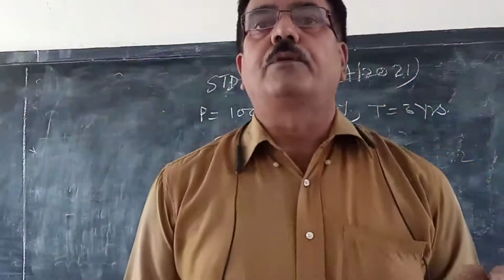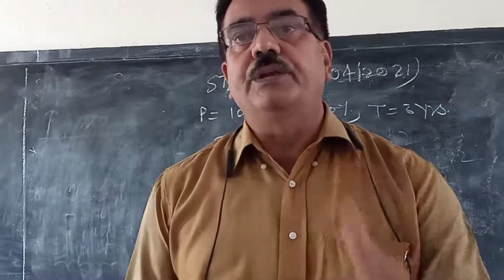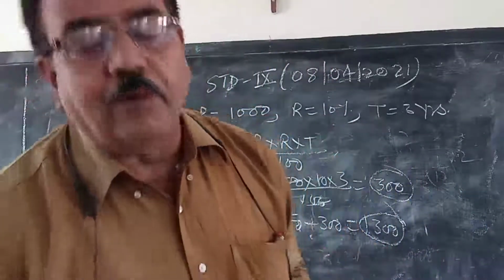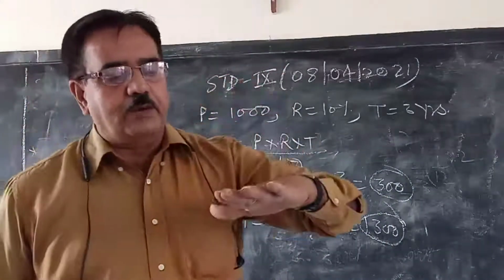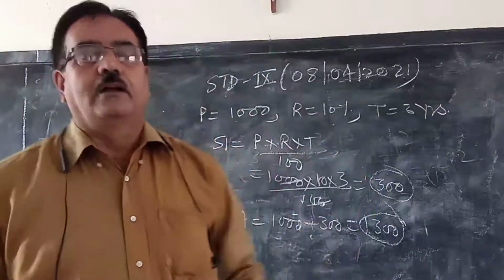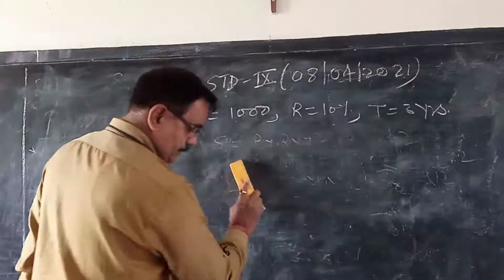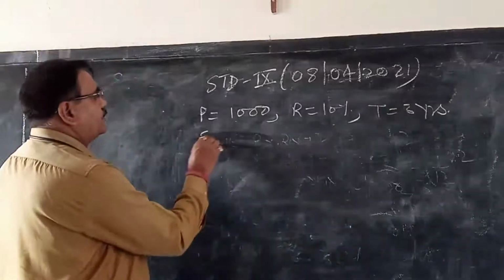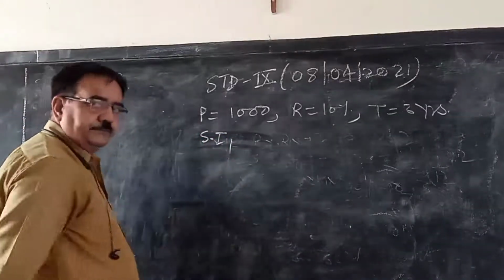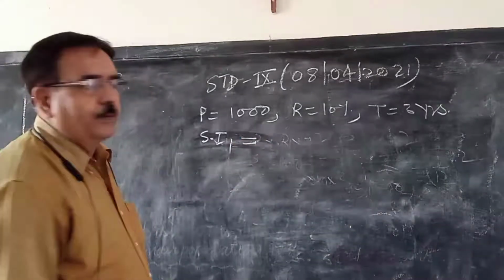But when we have to calculate the compound interest for 3 years, we will not calculate 3 years together. We will calculate year wise. How? See. Interest for the first year: the same formula, PRT by 100, we will use.